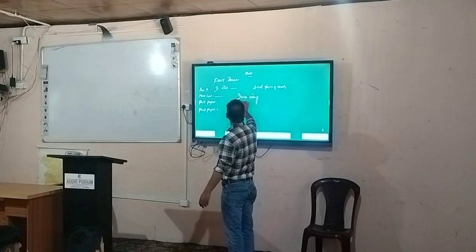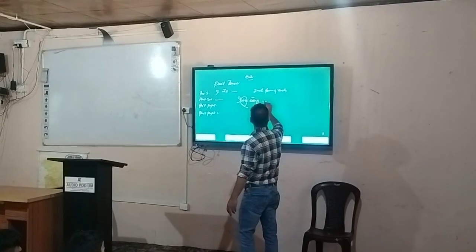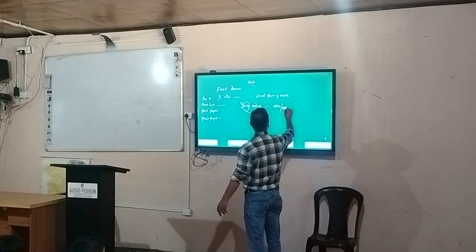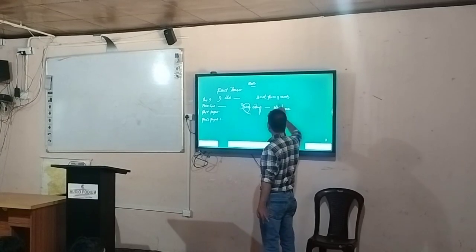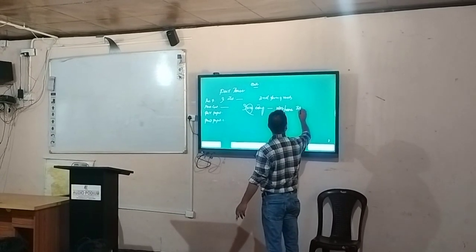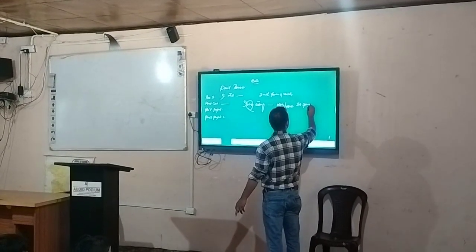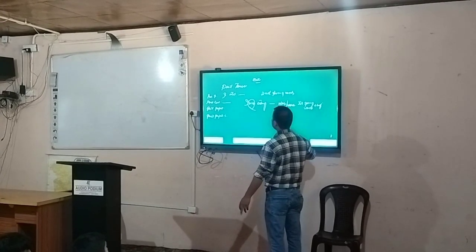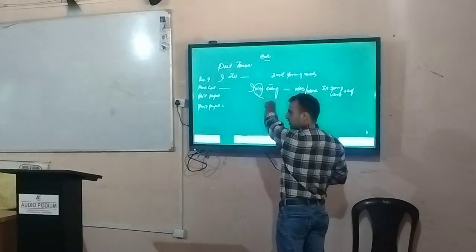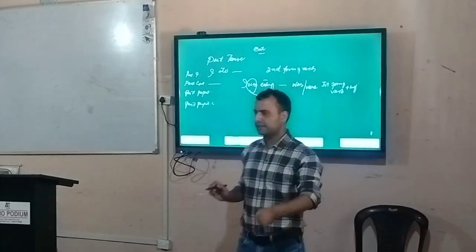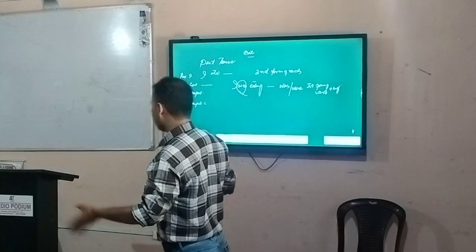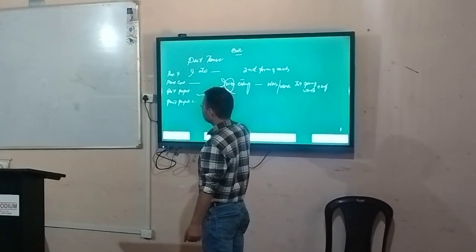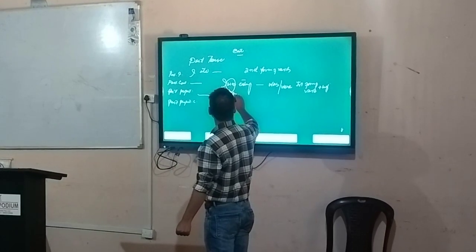Here we use was or were, plus first form of verb plus ing. Okay, you getting me? Yes, sir. Since it is past tense, we are using was. In the present tense we used is, am, are.